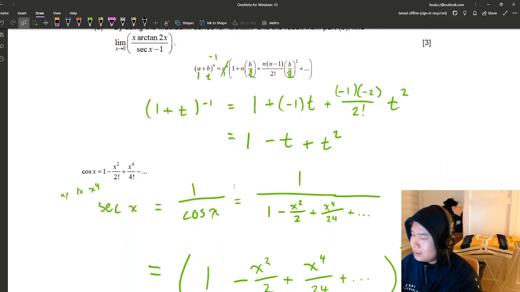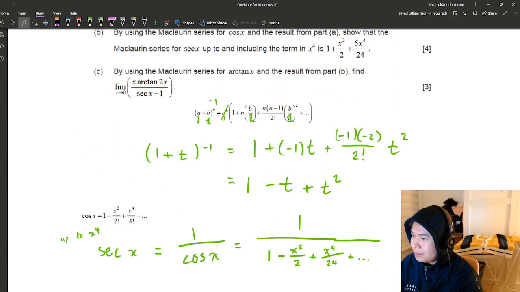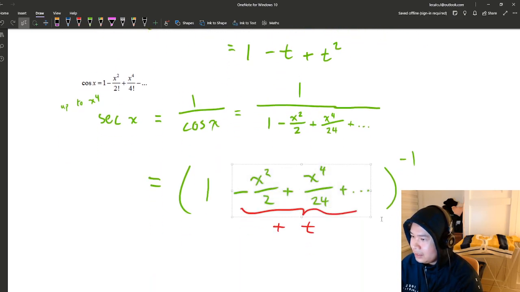I'll add another timestamp. So yeah, take this inverse reciprocal Maclaurin series, make that the reciprocal so that we can use part A, and then this whole thing is going to be t.